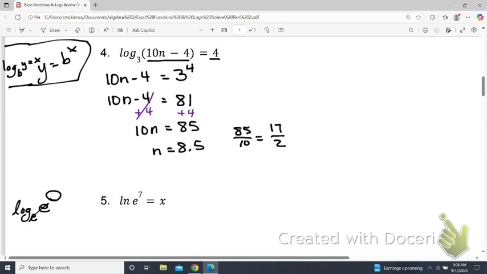The base and the argument are the same number. So here, when I see ln of e, because that means this is the base, this whole thing is just whatever that exponent is. So 7 is equal to x.